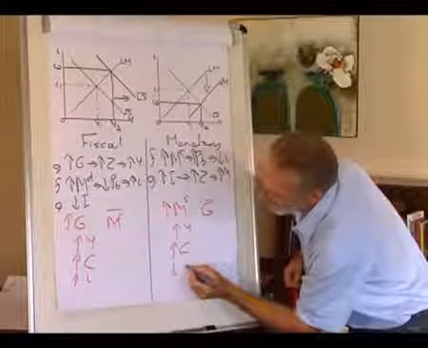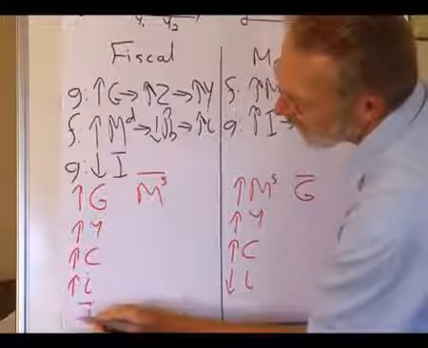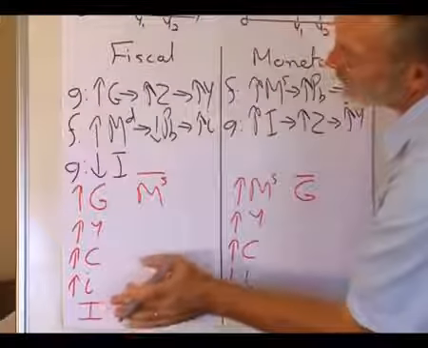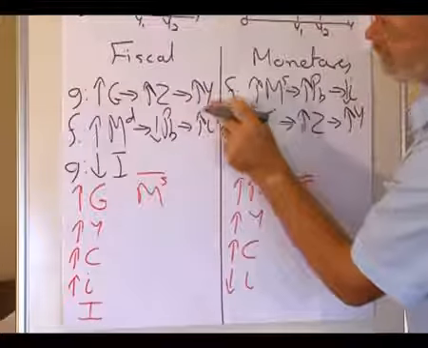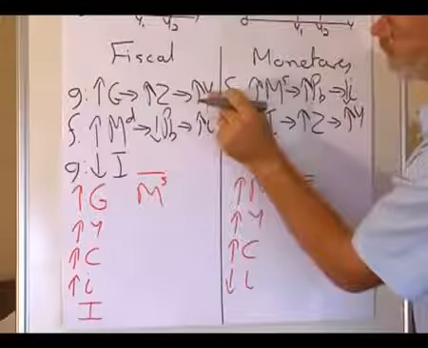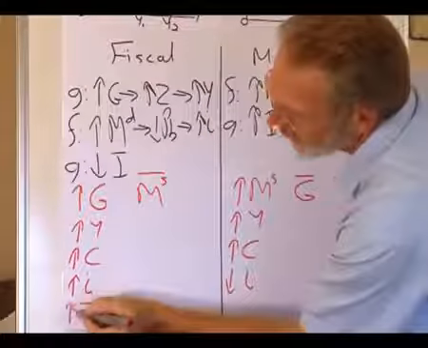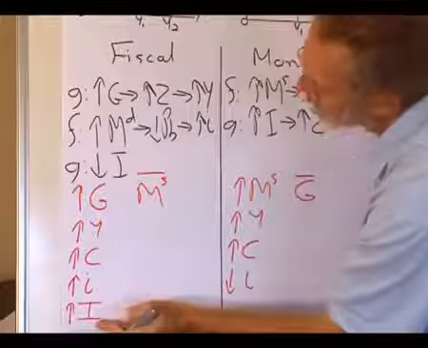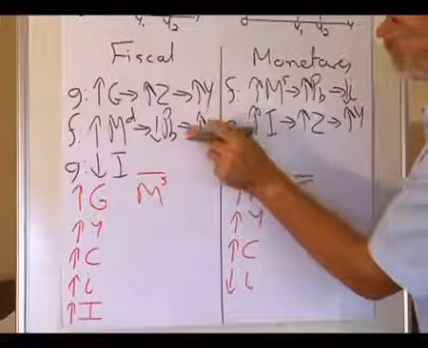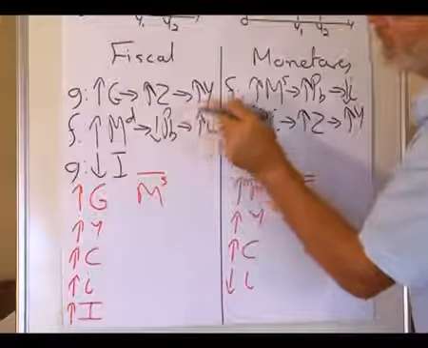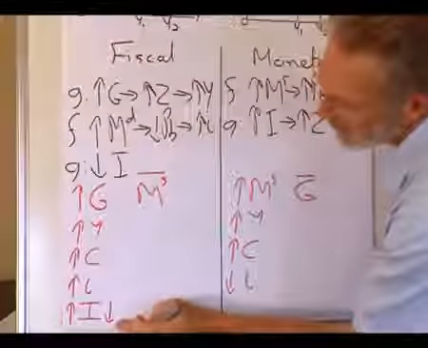So the interest rate is lower. If we come to investment spending, then we see with fiscal policy, level of production increases, and investment spending is a function of level of production, therefore we have an increase in investment spending. But investment is also a function of the interest rate, and the interest rate went up, therefore investment spending decreased.